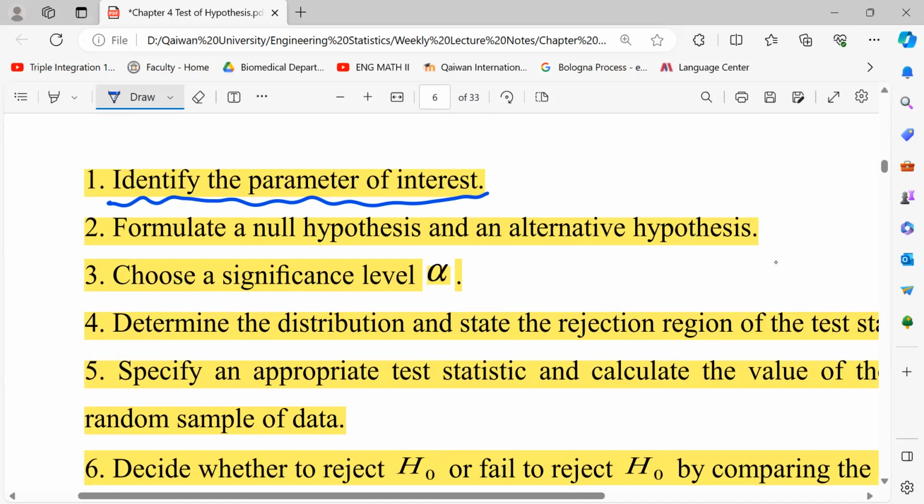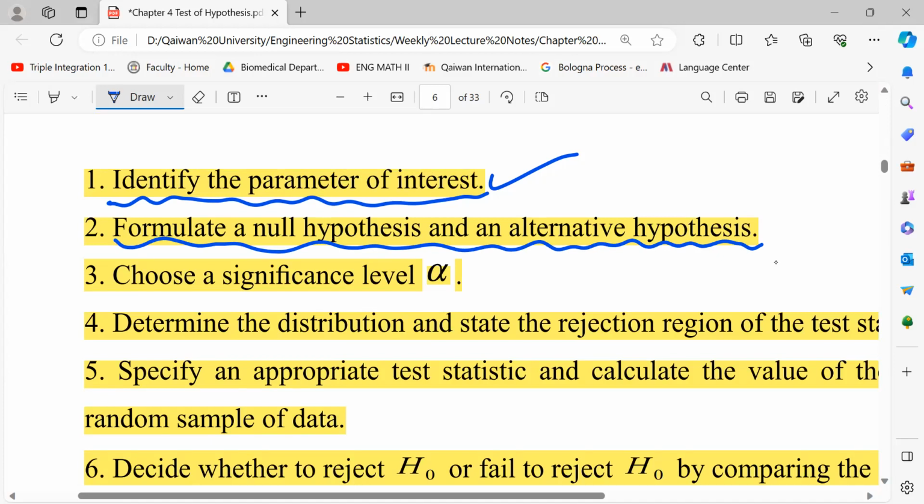We need to know if in our problem, we need to find the hypothesis for which of these, for mean, for difference of means, for variance, for difference of proportions, and so on, okay? We need to identify the parameter of interest. Then we formulate the null hypothesis and alternative hypothesis.